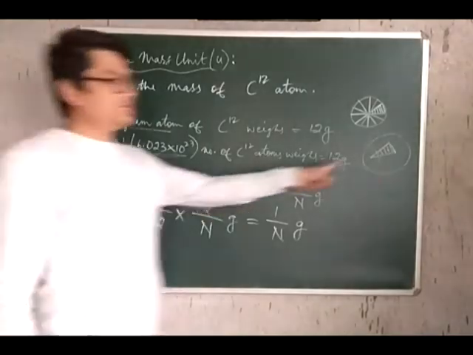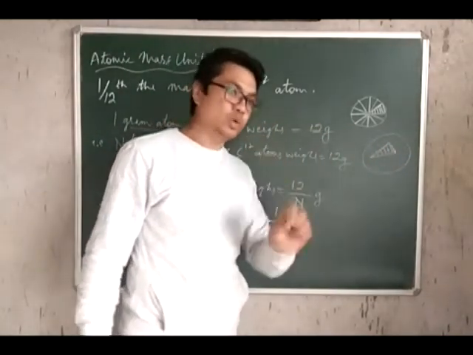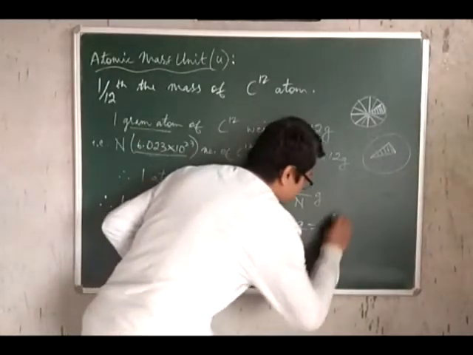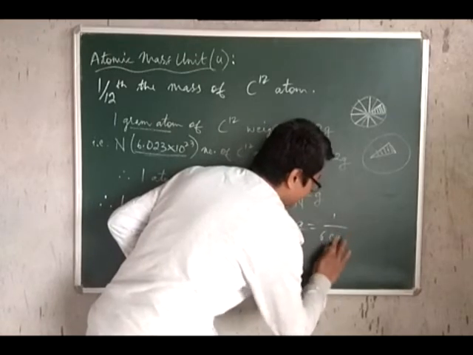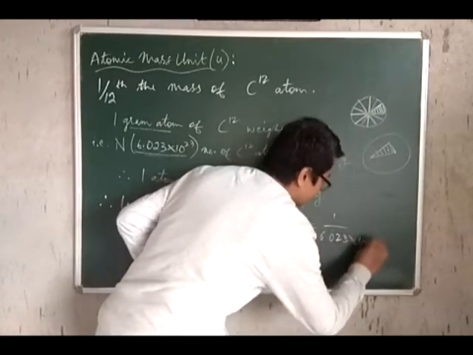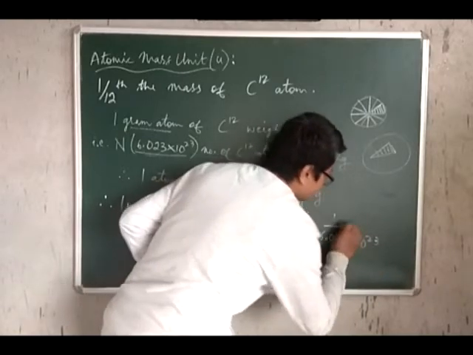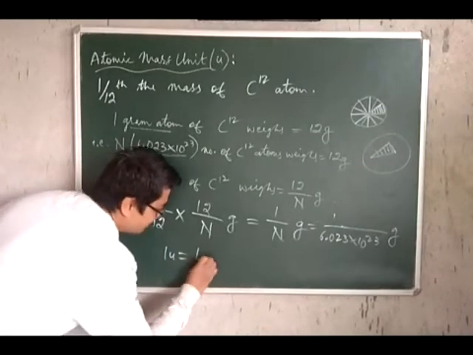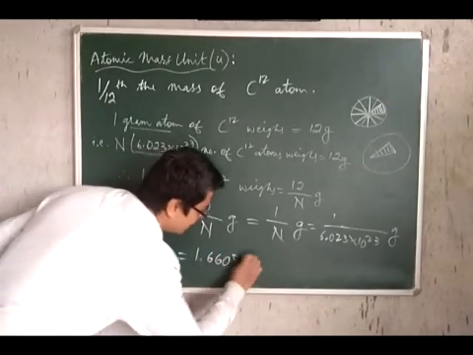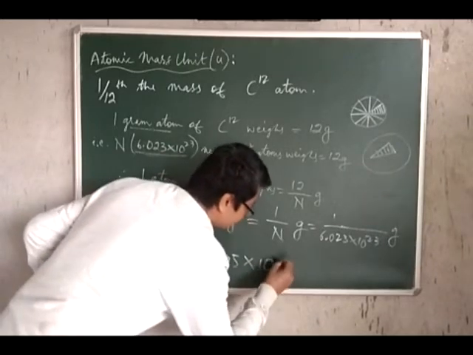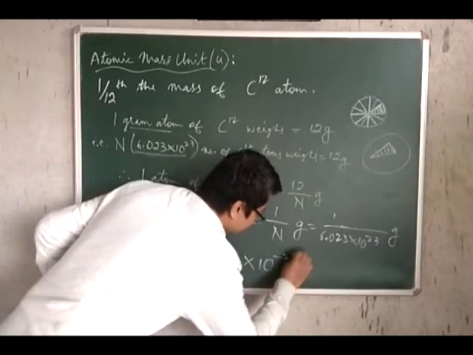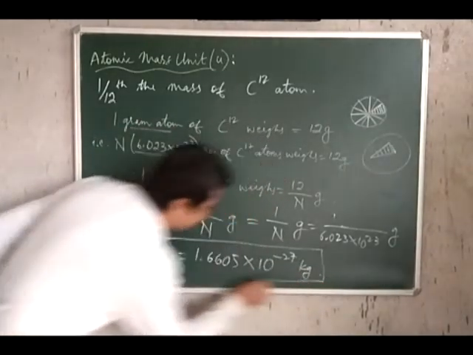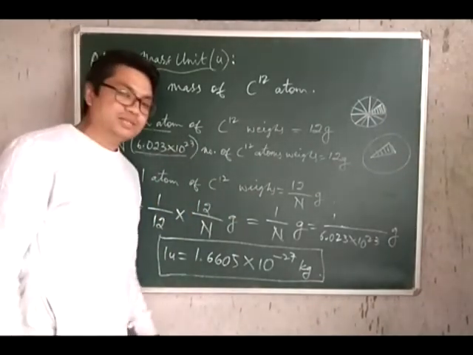So this 1/12 part of carbon 12 weighs 1 by Avogadro number grams, which is of course 1 by 6.023 into 10 to the power 23 grams, and 1U comes out to be 1.6605 into 10 to the power minus 27 kilograms. This is the value of one atomic mass unit.